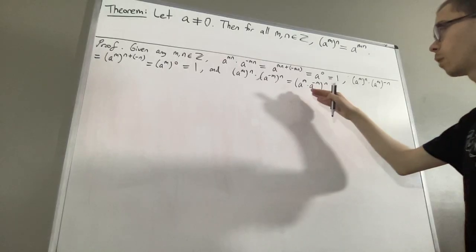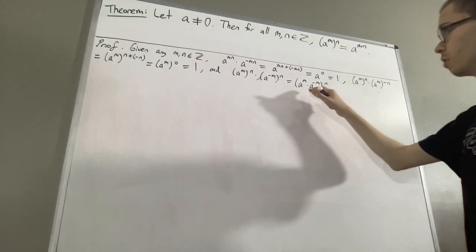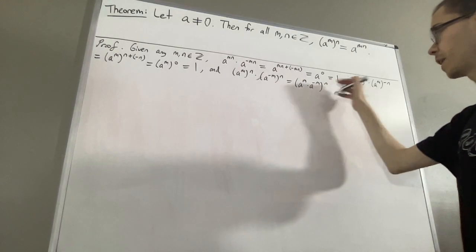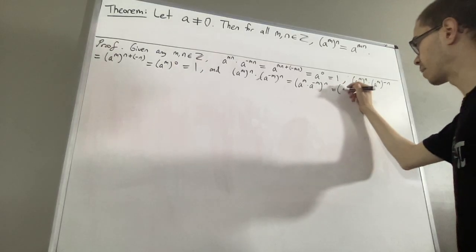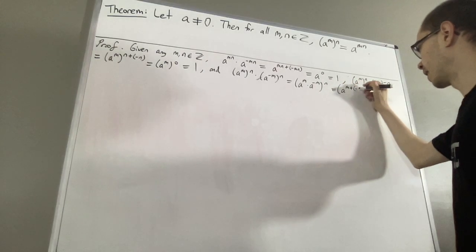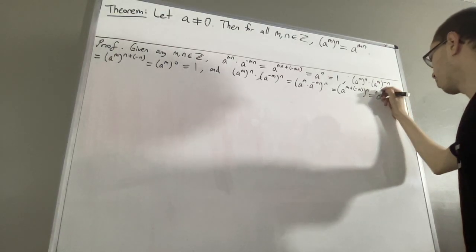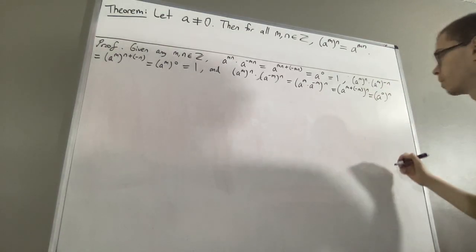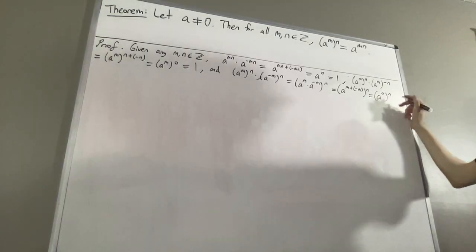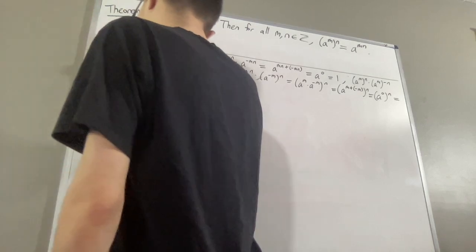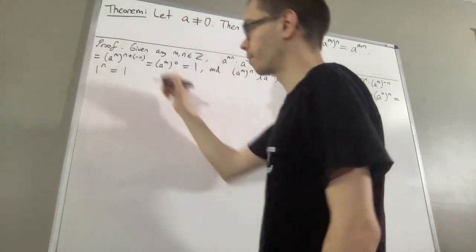But then applying our fourth preliminary result, when we do a to the power of m times a to the power of negative m, we can add those exponents, m plus negative m. That gives us a to the power of 0 to the power of n. But any real number to the power of 0 is 1. So this is just 1 to the power of n. And by our third preliminary result, that's just equal to 1.